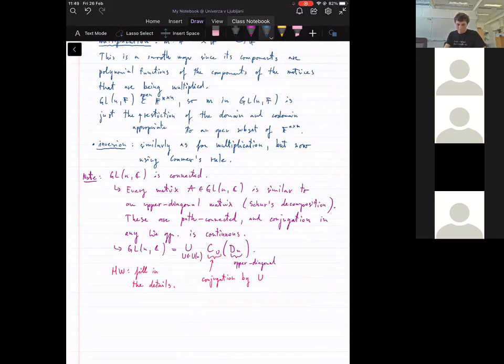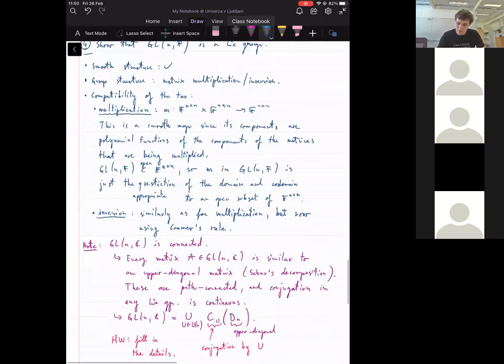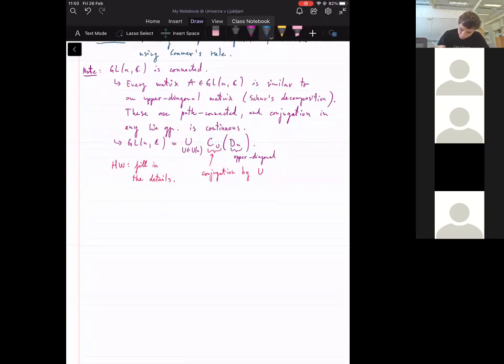Okay, so this was one exercise, to show that the general linear group of n times n matrices is a Lie group. The next one would be to show that natural inclusions into the product are smooth maps.